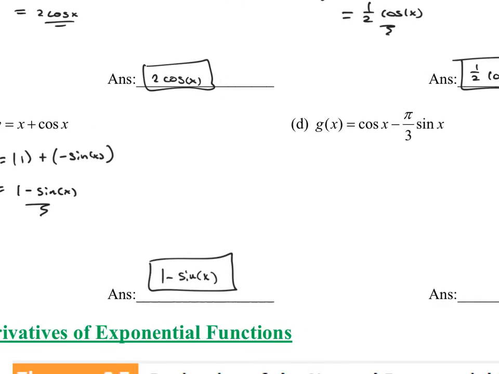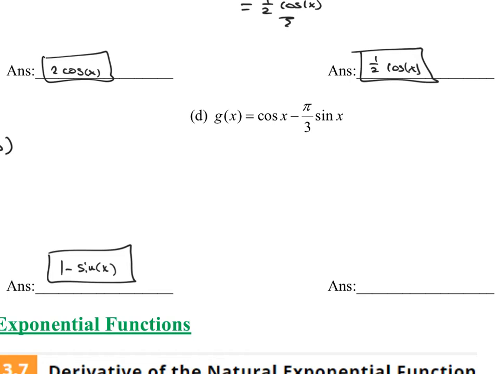And let's look at D here. It says cosine x minus pi thirds sine of x. Remember, pi thirds is just a constant. So when I find the derivative of this, it would be the derivative of cosine of x, which is sorry, negative sine of x, right? And then it's going to be minus pi thirds times the derivative of sine of x.